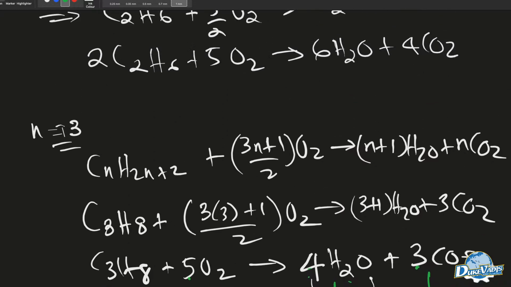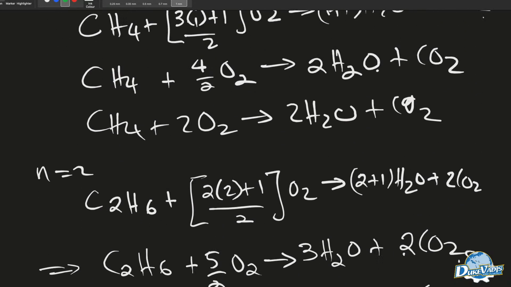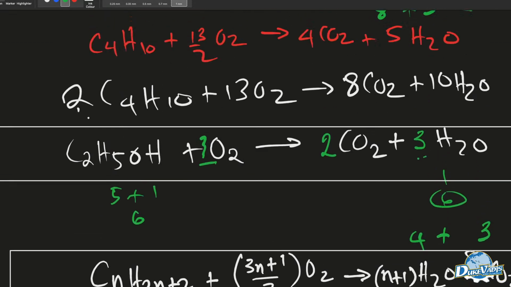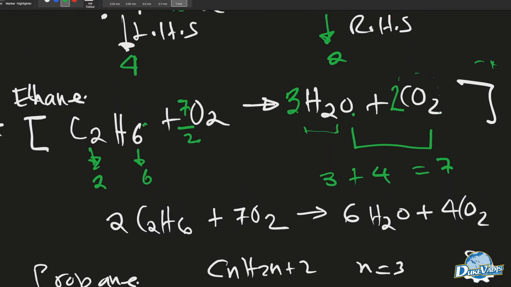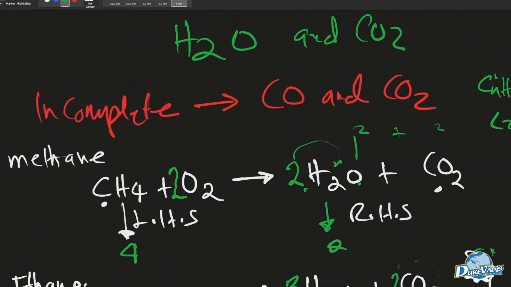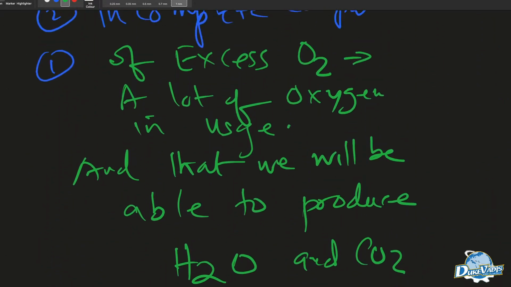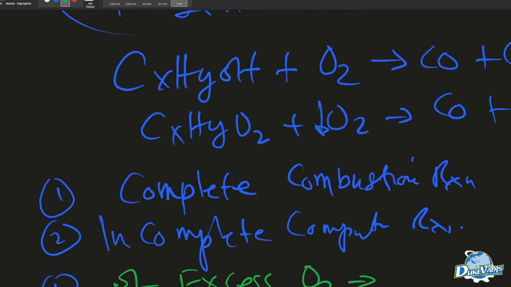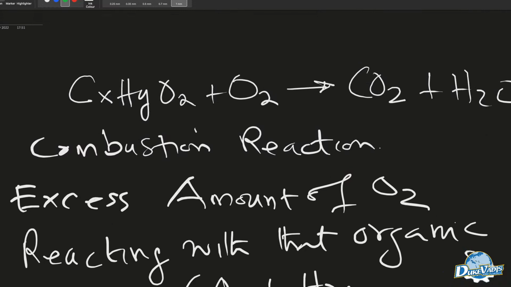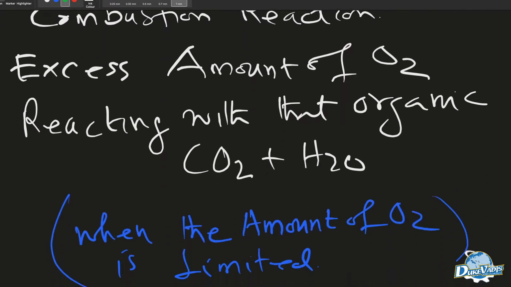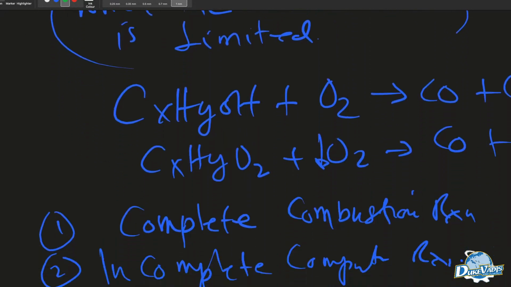So you can take time and go through all the reactions that we have discussed. Now you know if it's oxygen that is reacting with an organic compound, then we'll be able to have complete combustion reaction. If the amount of oxygen is limited, then we are going to produce carbon monoxide and carbon dioxide.